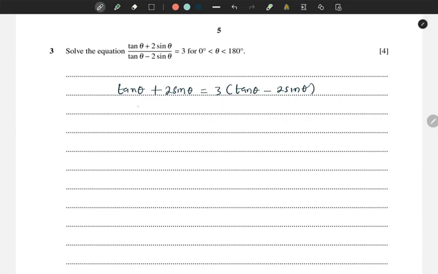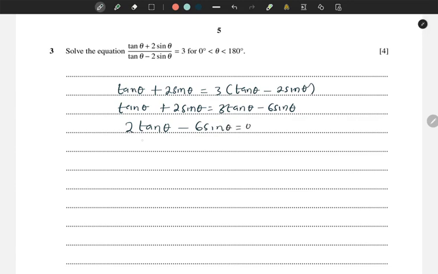Expanding the bracket, the right hand side is 3 tan theta minus 6 sin theta. So let's separate sine from cos. This is going to be 2 tan theta minus 6 sin theta equals 0.